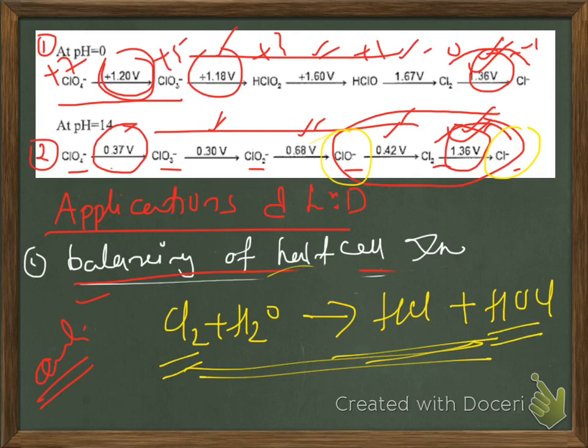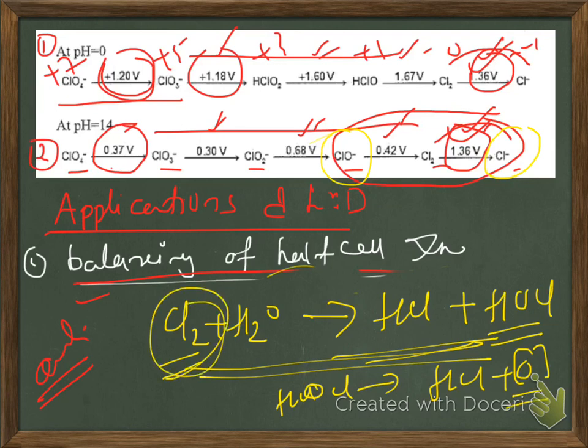Since HOCl is unstable, it will release nascent oxygen. This nascent oxygen is responsible for the oxidizing action of chlorine or the bleaching action of chlorine. That also you have studied. The basic thing behind that reaction is this disproportionation. So these are the major applications of the Latimer diagram. Thank you.